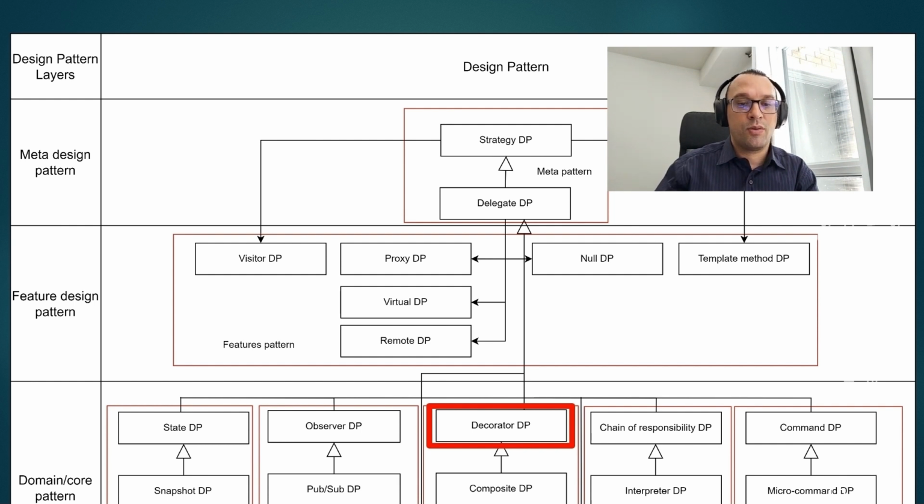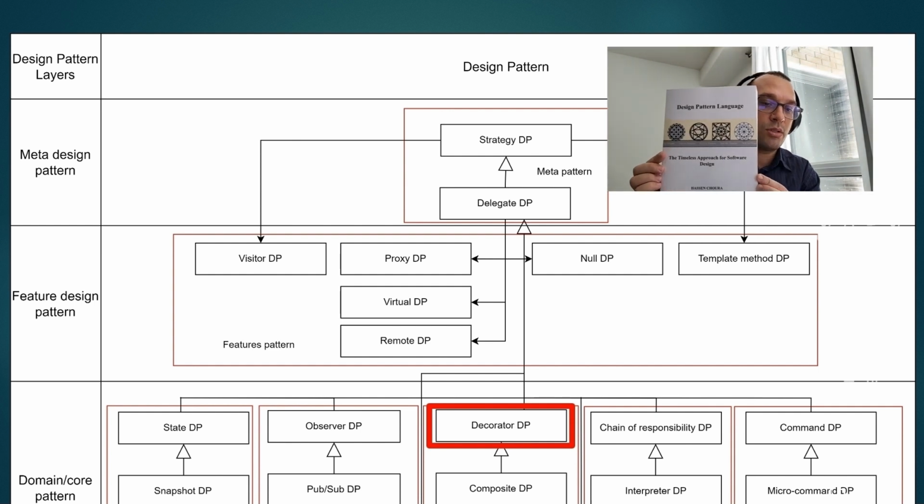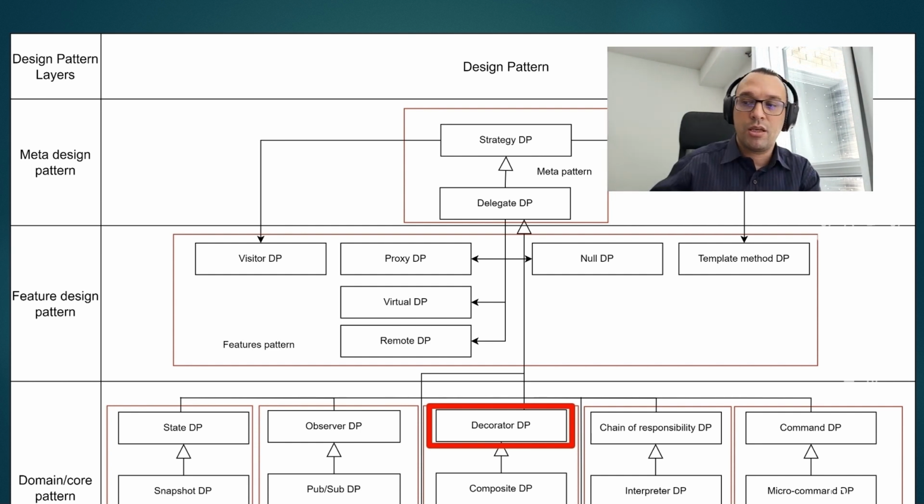You will find this point and other points in more detail in the book Design Pattern Language, the Timeless Approach for Software Design. More detail about each design pattern and those layers will be found in the book. But first, let's jump directly to presenting the feature design pattern layer.